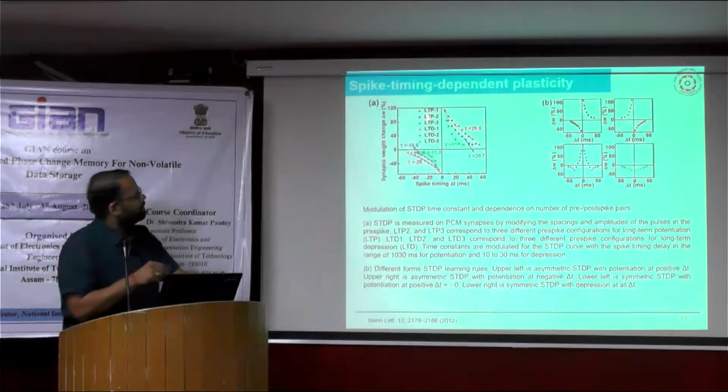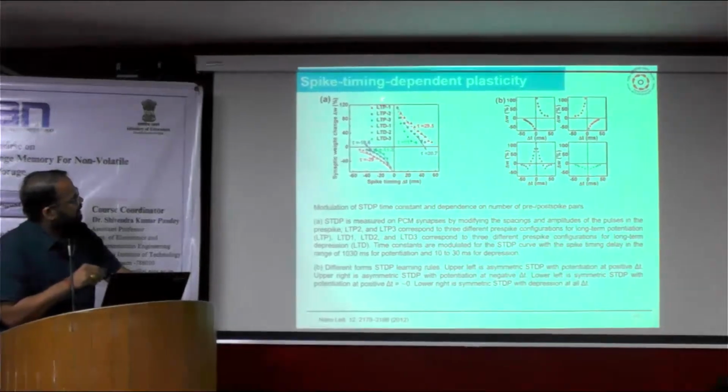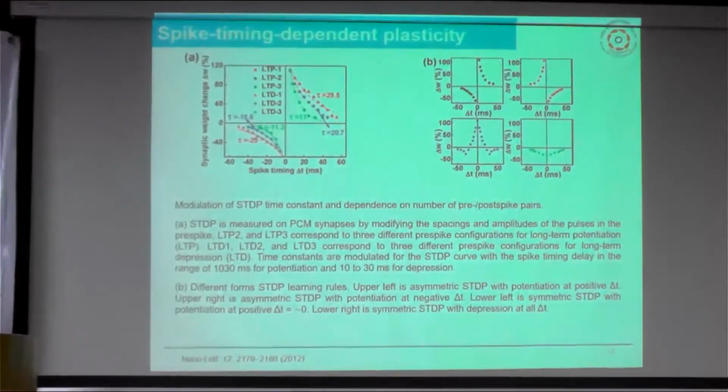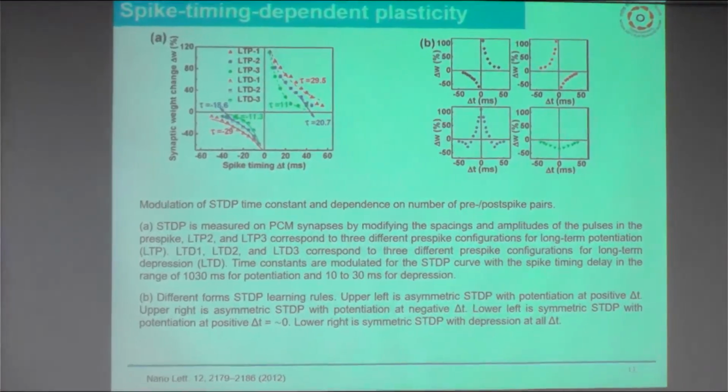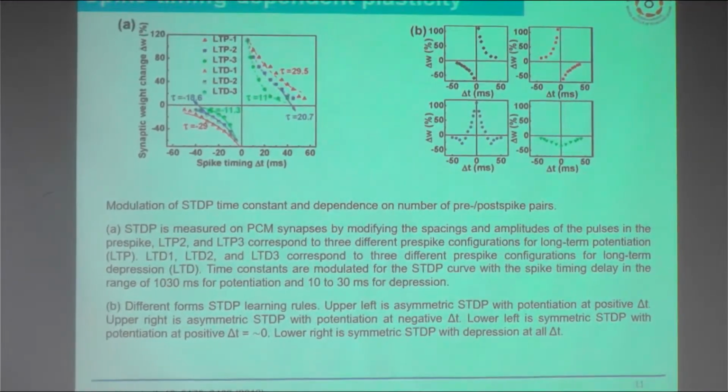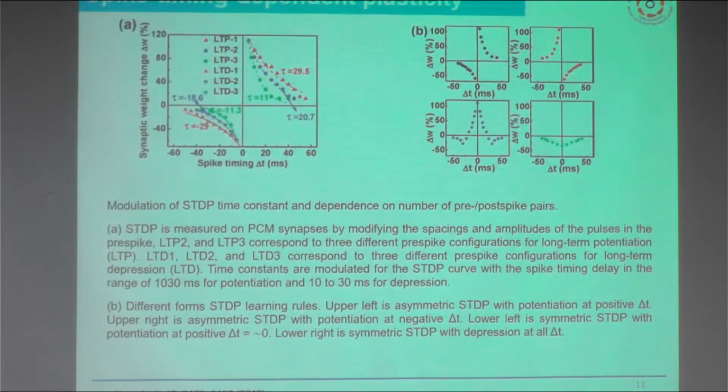So as here it is tested, and they were trying to calibrate. It is measured on the PCM synapse by modifying the spacing and amplitude of the pulse in the pre-spike for different configurations. Potentiation 1, 2, and 3 correspond to 3 different pre-spike configurations. And then further, the depression has also been tested, corresponding to 3 different pre-spike configurations for long-term depression.